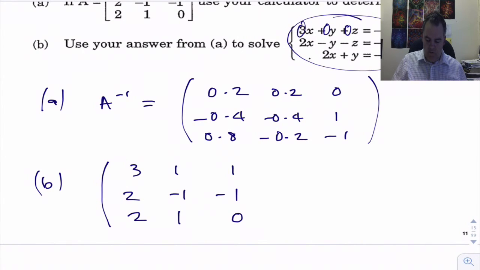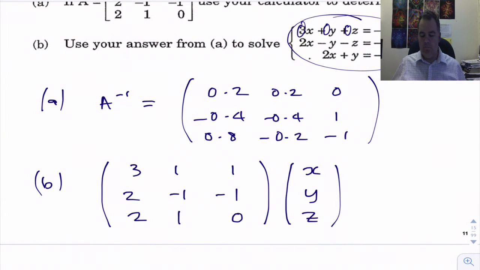Now, we're going to multiply that by x, y, and z. Notice that we've got a 3 by 3 matrix multiplied by a 3 by 1 matrix.